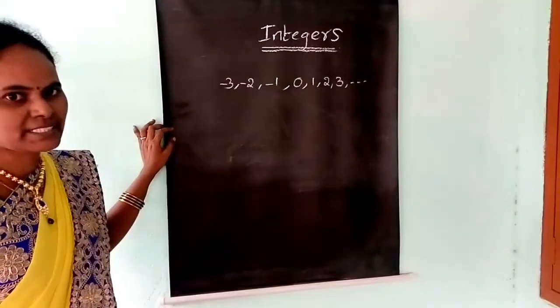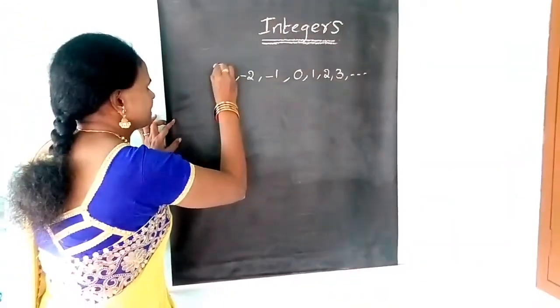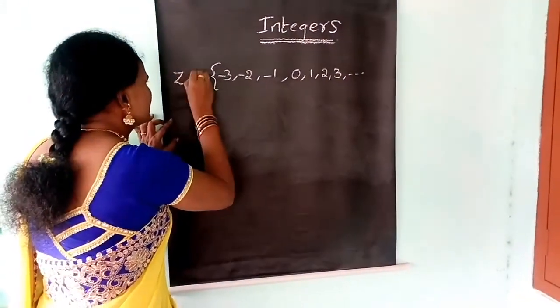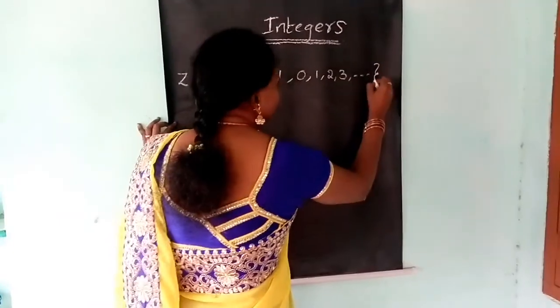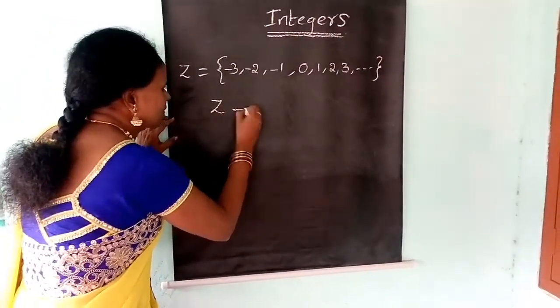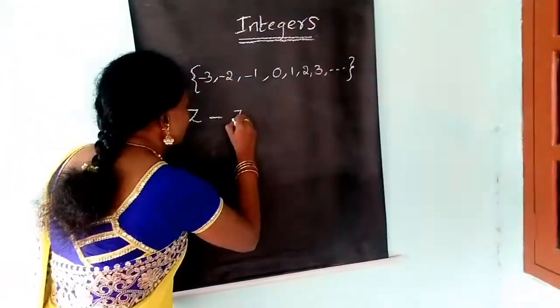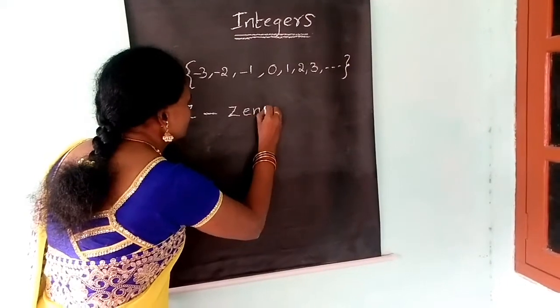These are integers. Integers are denoted by the letter Z, capital Z. Here Z stands for the famous mathematician Zenith.